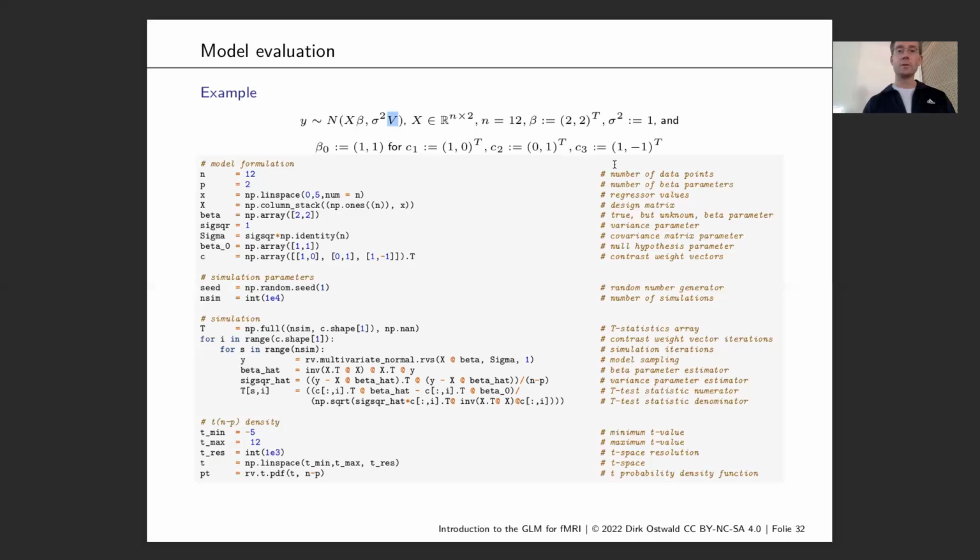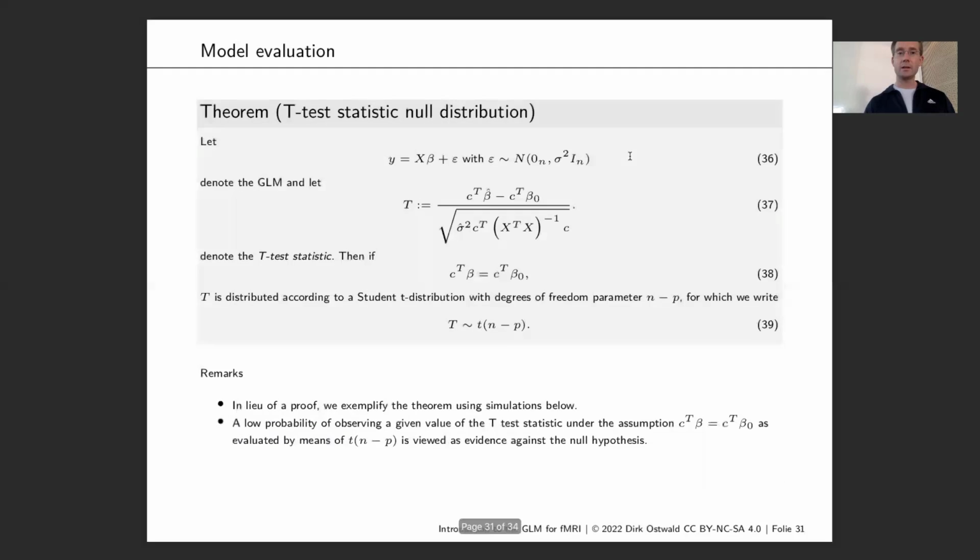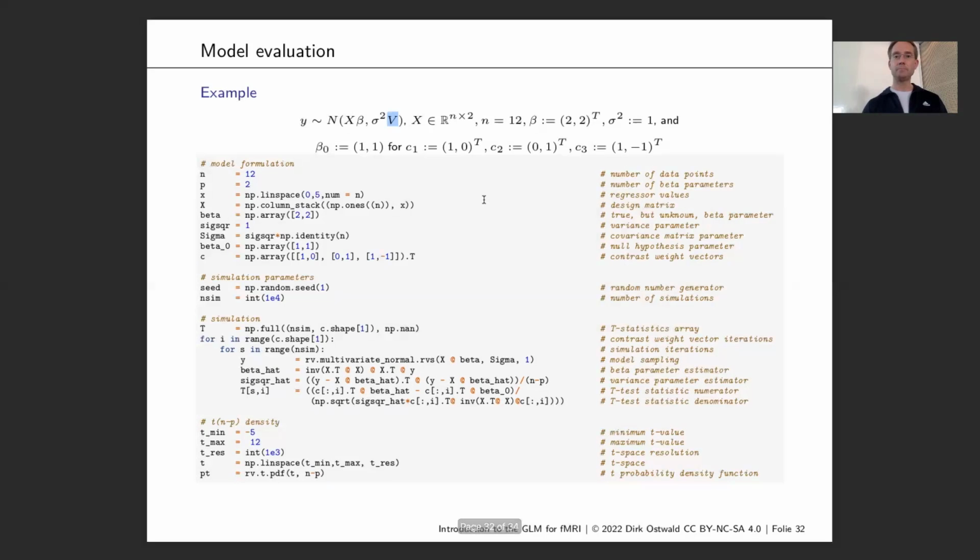What you can then see here is that it's not the hypothesis parameter that really matters. What matters is the contrast of your hypothesis parameter compared to your true but unknown beta values. Here, our contrast value is 1 minus 1.